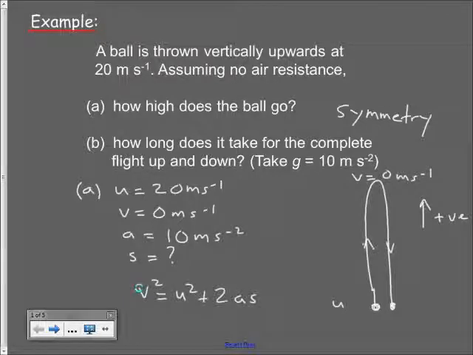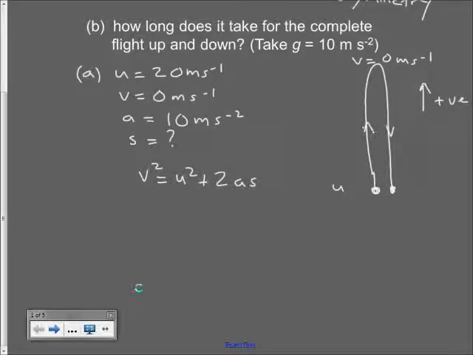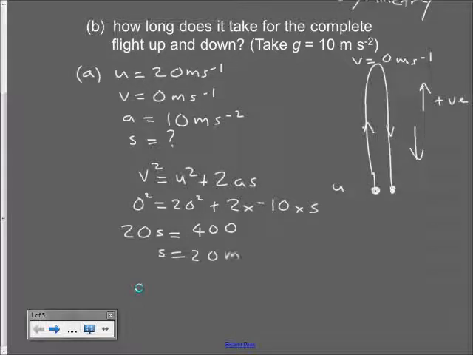So v is 0. 0 squared equals 20 squared plus 2 times, and we've got to be careful here, negative 10, because the acceleration is downwards, and so that is effectively in the negative direction because we have defined upwards as being positive, times S. Coming over here, 20S equals 400, that's 20 squared, and so we end up with S equaling 20 meters. So how high does it go? It goes 20 meters upwards.